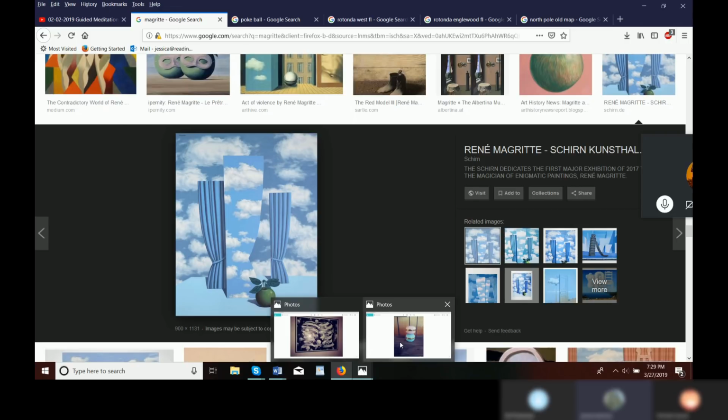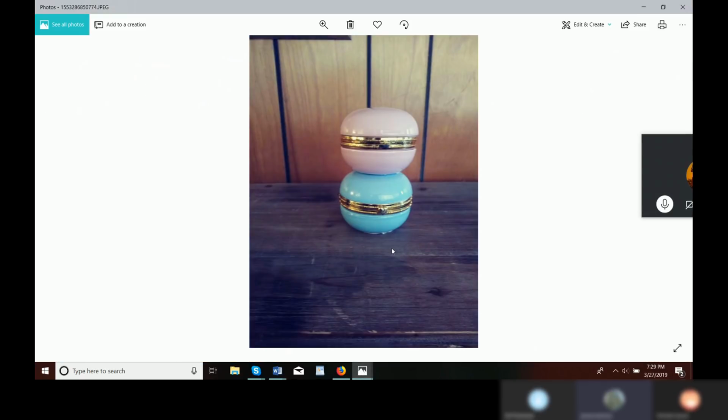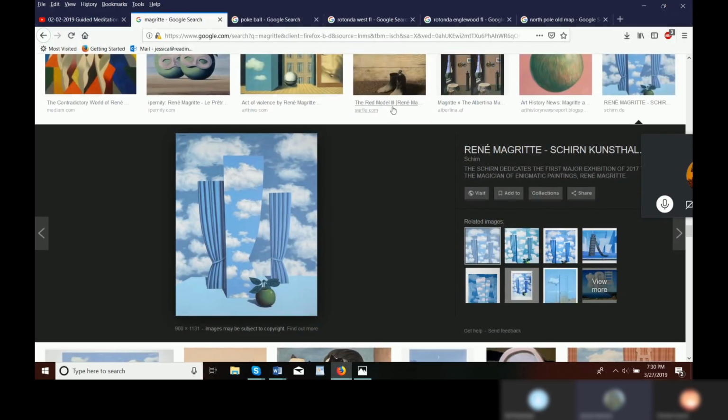And another thing is I purchased these two, they're actually little containers for jewelry or other small items. And that kind of brought in a lot of the discussions regarding these different images that we were looking at of this ball, this circular ball.